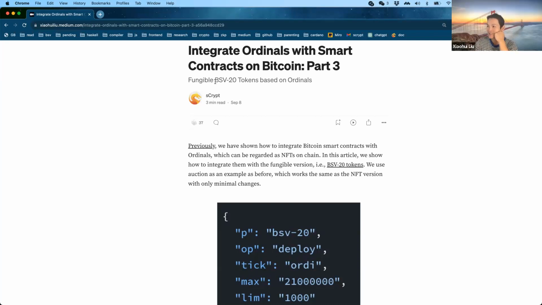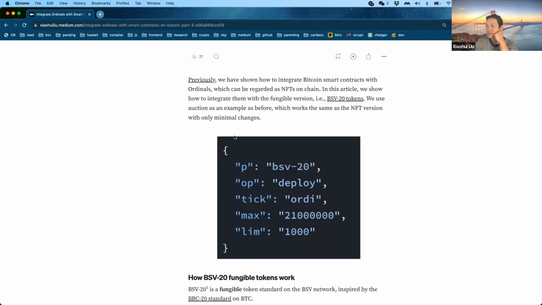I don't know whether you can see from here, but I already gave out the answer. So it's ordinals, as we talked about before. You can inscribe arbitrary data into a Satoshi. For the non-fungible case, you just inscribe some picture or video or whatnot. But you can also inscribe protocol data. Ordinals is like a meta protocol, and within this ordinal you can define other so-called sub protocols.